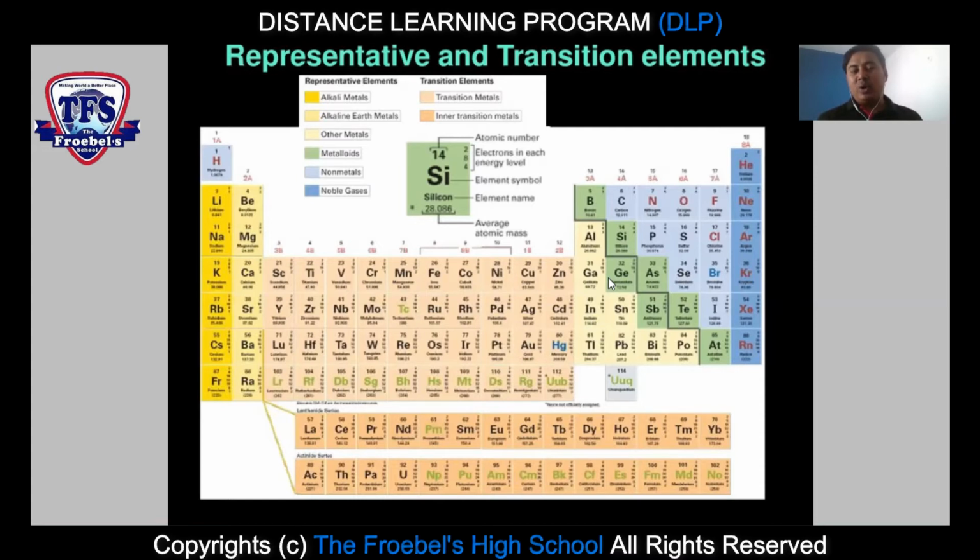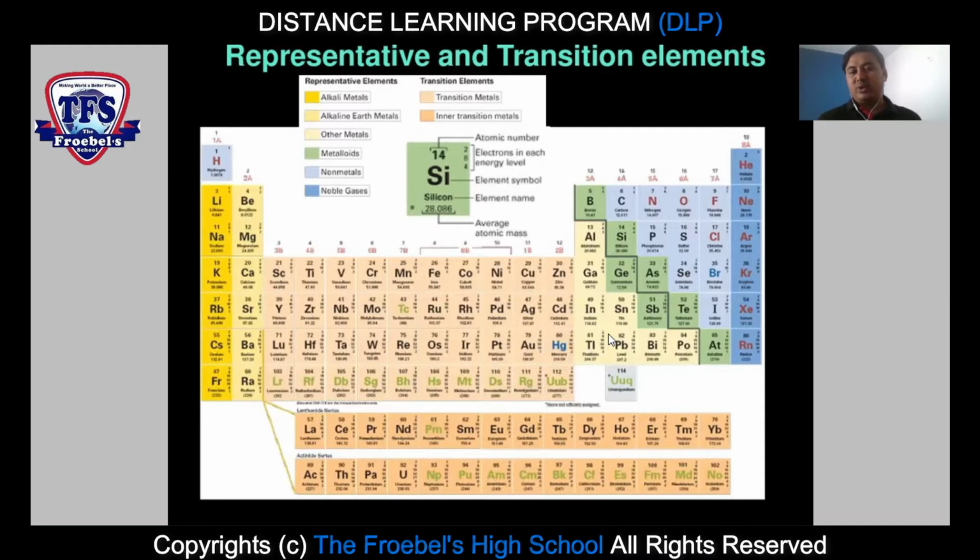So we have one metalloid, boron, in group number 3, two metalloids, silicon and germanium, in group number 4, and again two metalloids in group number 5, arsenic and antimony, one metalloid that is tellurium, and another metalloid that is astatine in group number 7.